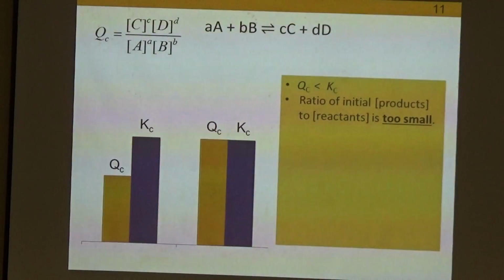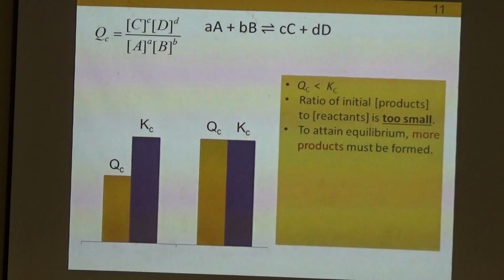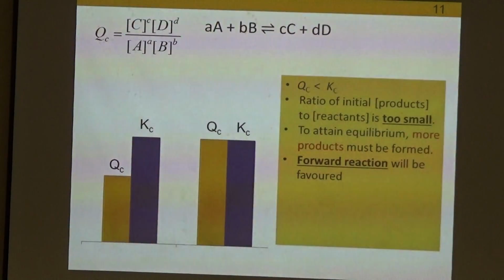So I want you to think about this. The ratio of the initial products to the reactants is too small. The reaction quotient is smaller than Kc, which is the equilibrium constant. So to reach equilibrium, you basically need to make more products. To make more products, the forward reaction must be favored. You get this?